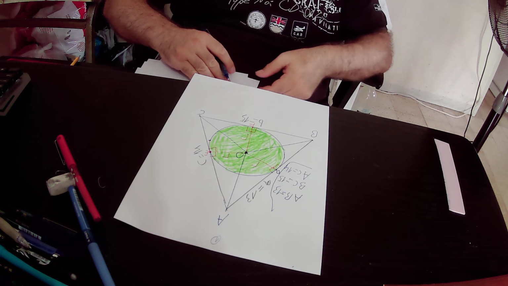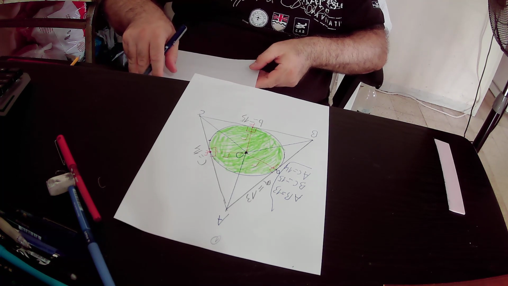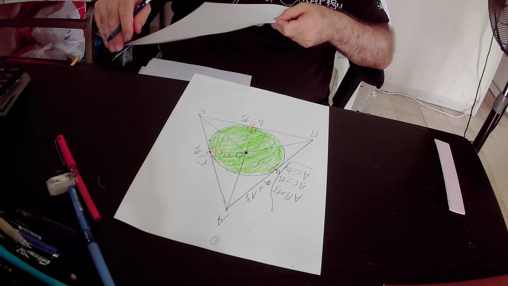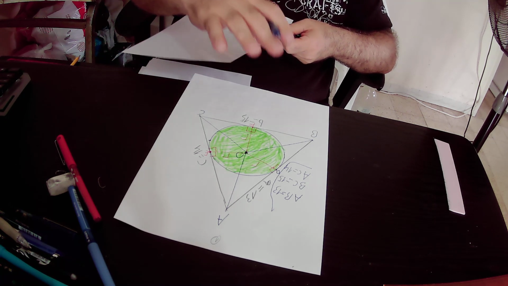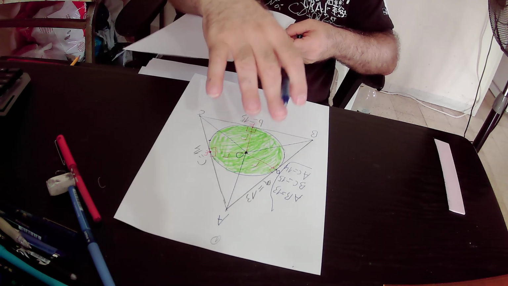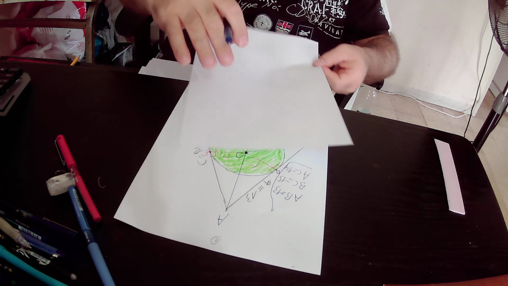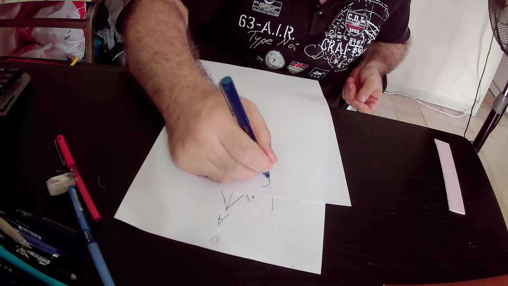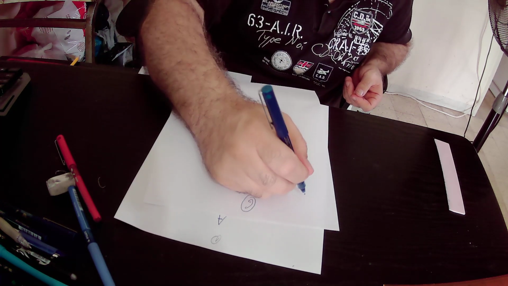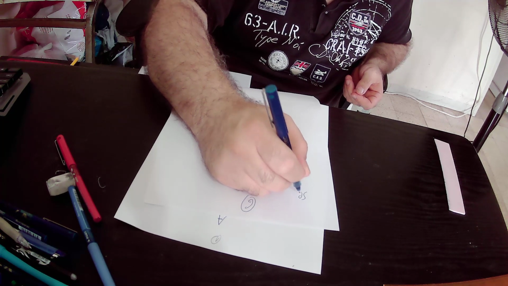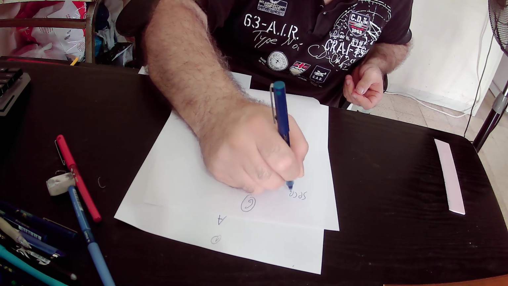In the next step I will present the second method to find the area of triangle ABC.